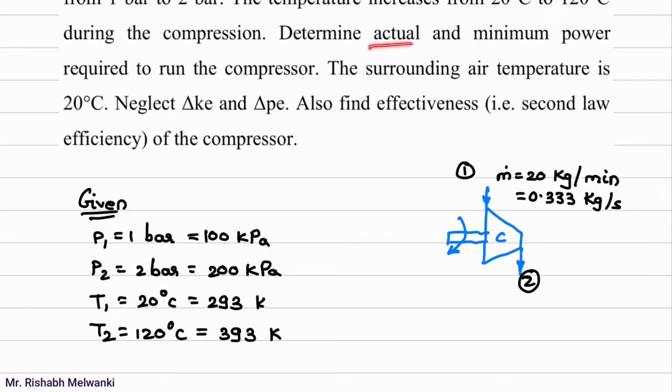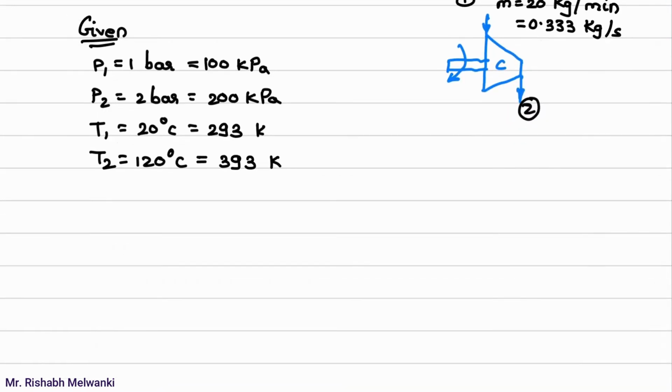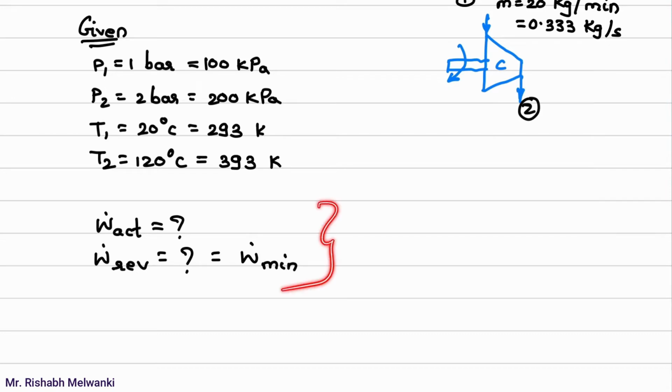So we have to find W dot actual and W dot reversible, and this will be W dot minimum. This is asked in the question.